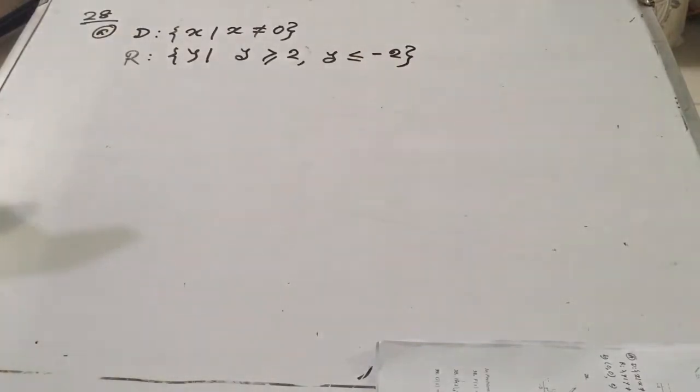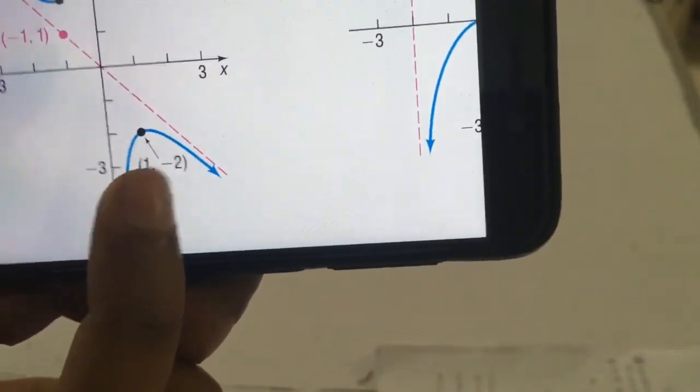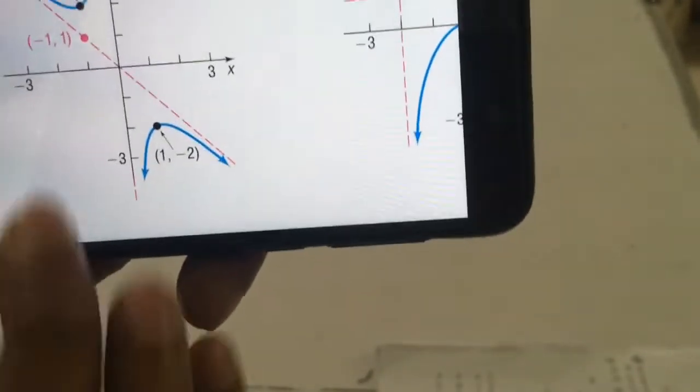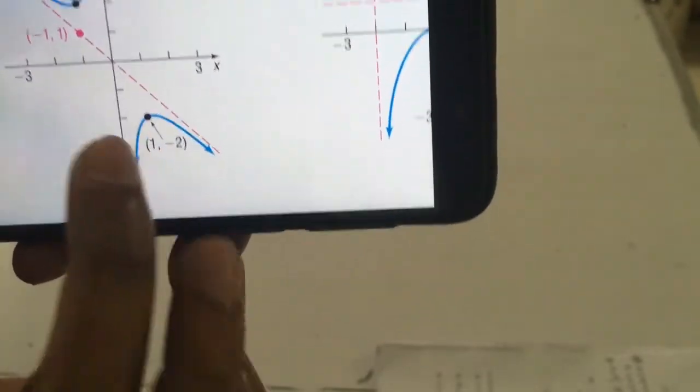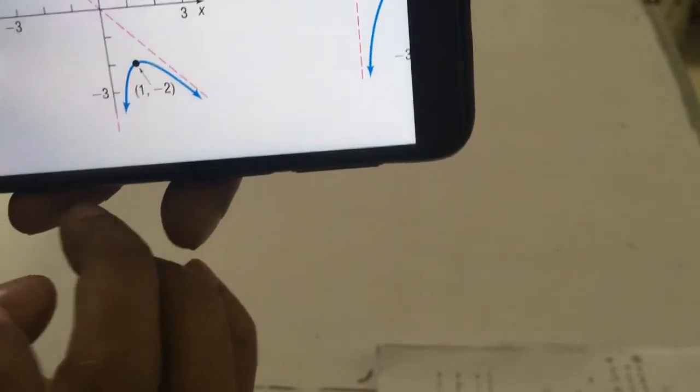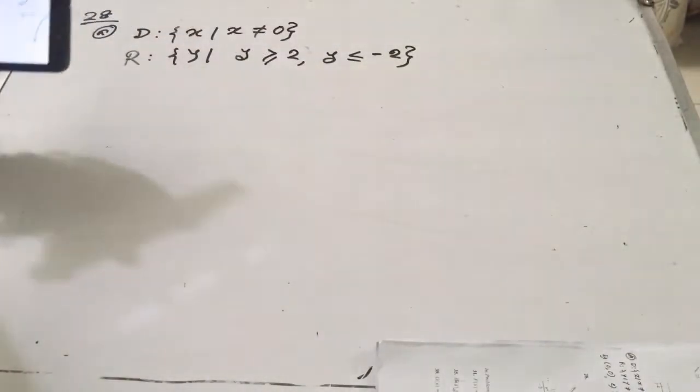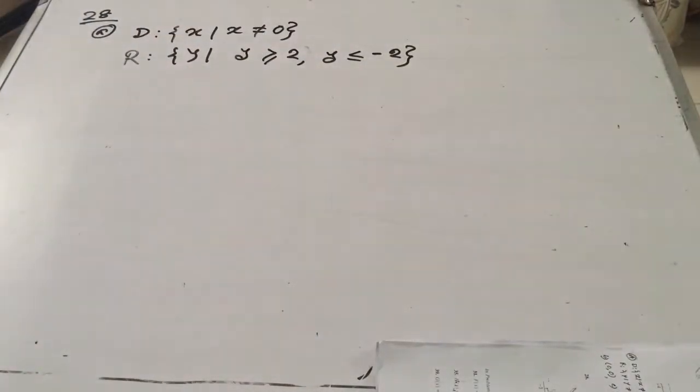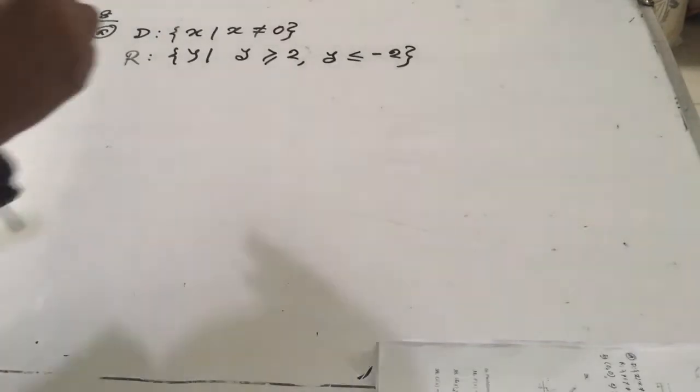That's the condition that we have here. So that is the domain and range of this function. Why did we say minus 2? From this minus 2 value, we have to count downward. So all the values below minus 2 are less than minus 2. That's why we said y has to be equal to or less than minus 2.